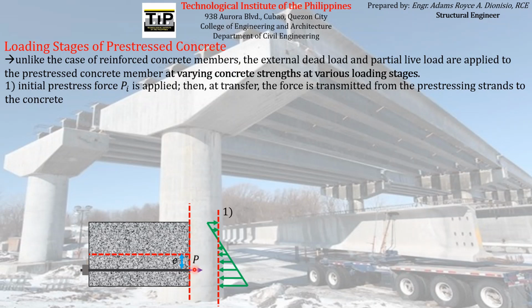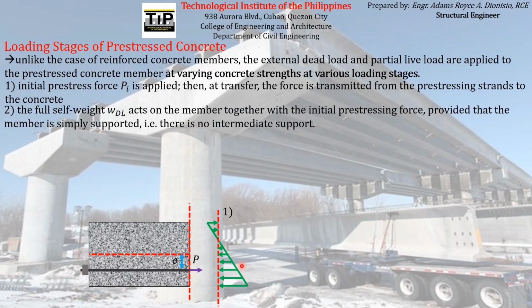If you sum up the axial compressive stress and the flexural stresses from the eccentricity, you will have a stress diagram that looks something like this. So this is the stresses due to the prestressing force alone, the resulting stress variation with respect to the concrete element.